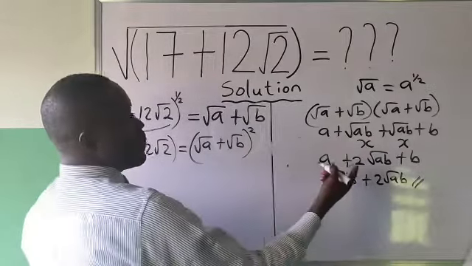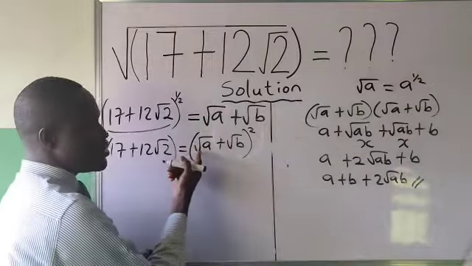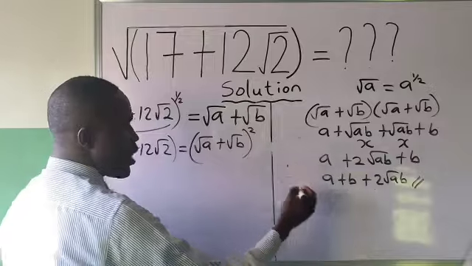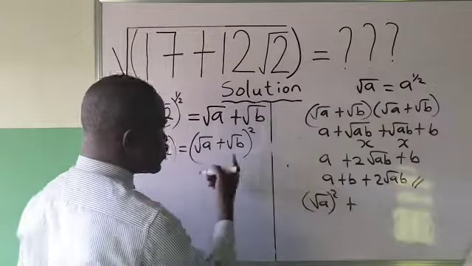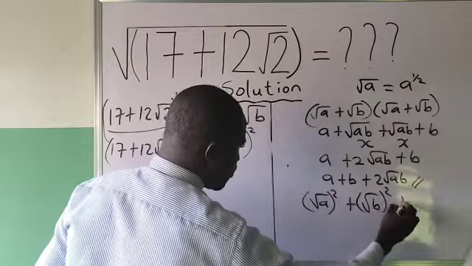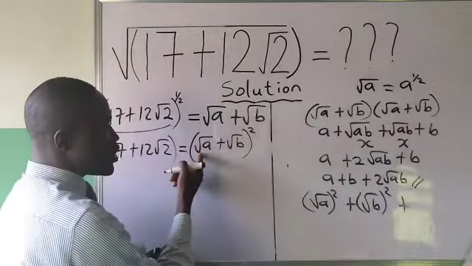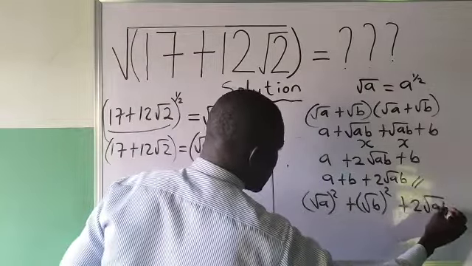Now, another way you can expand this is by saying square root of A raised to the power of 2, plus square root of B raised to the power of 2, plus 2 times square root of A times square root of B, 2 root what? AB.